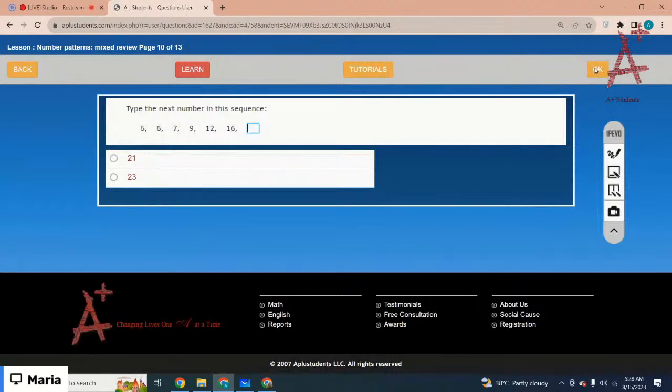That means for the next one you have to add 5. So 16 plus 5 is 21. The next one is 21. Yes, that is 21.